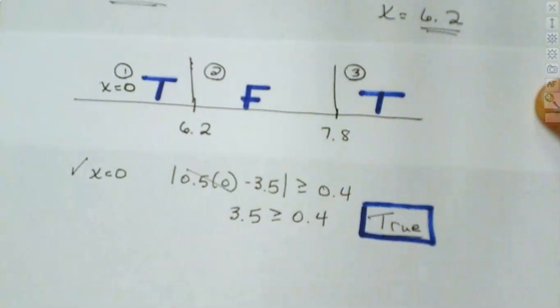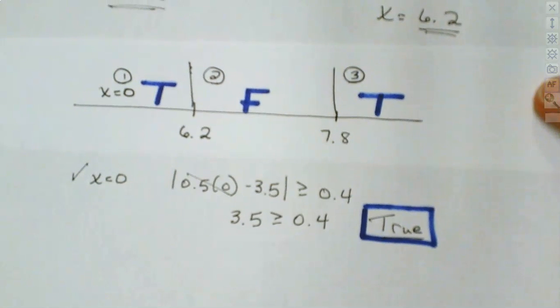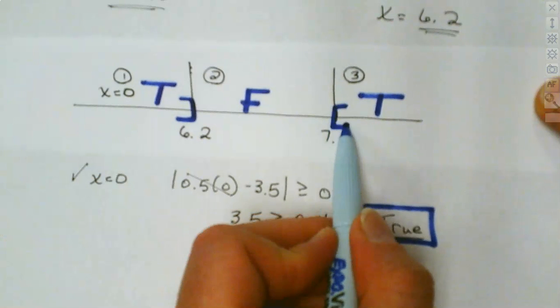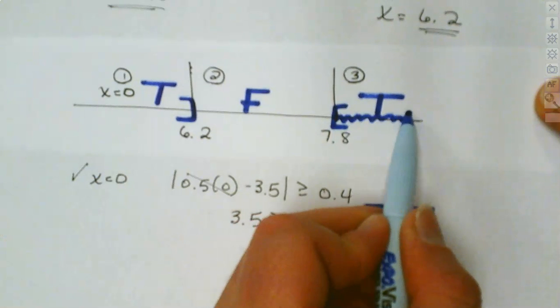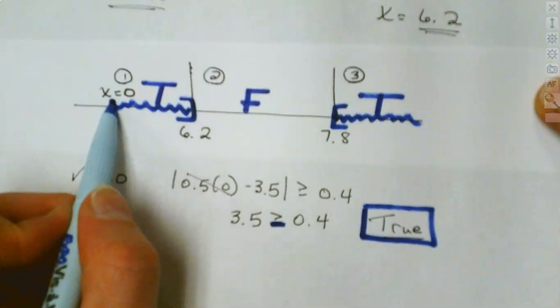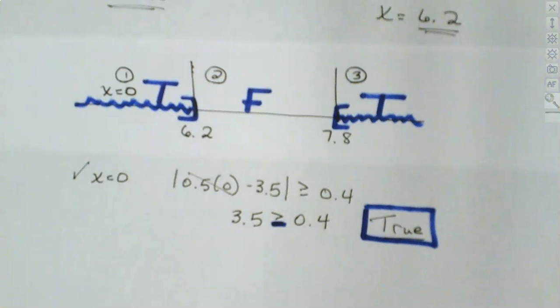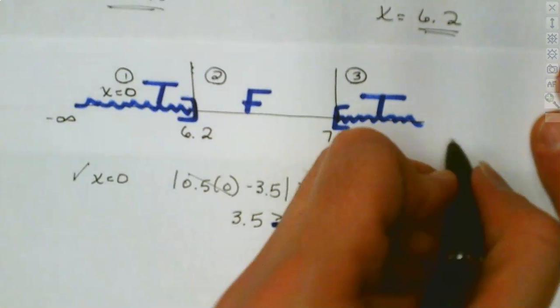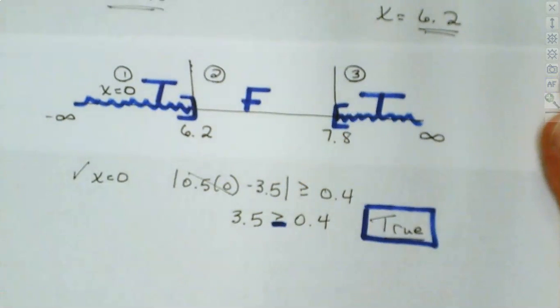True. Now, we are going to use square brackets. Why are we going to use square brackets? Because it has the bar underneath. We're going to combine these with a U for union. So this is negative infinity. This is positive infinity.